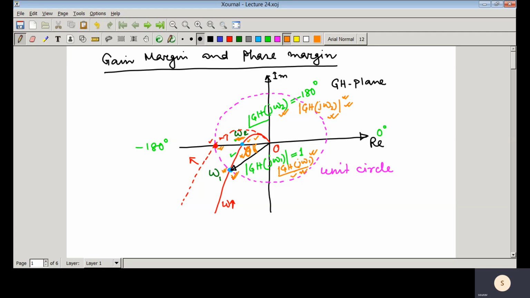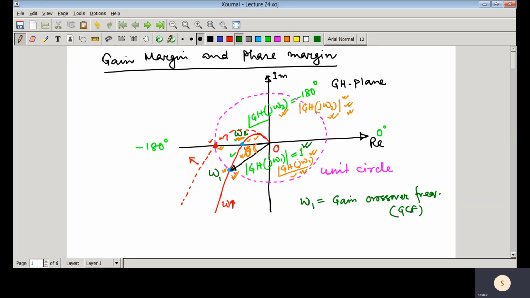So that means that theta is actually known as phase margin, and the reciprocal of this gain is called gain margin. And the frequency, this omega 1, is that frequency where the magnitude of that Nyquist plot is equal to 1. So this is called the gain crossover frequency, abbreviated as GCF.